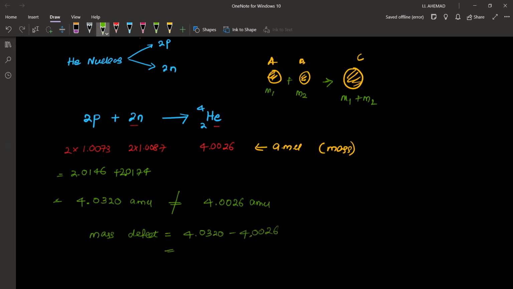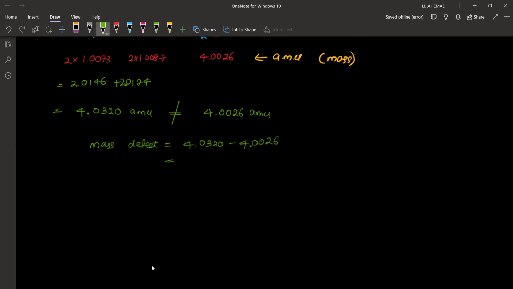So if we deduct, we get around this amount. Okay, so this amount of mass is missing.